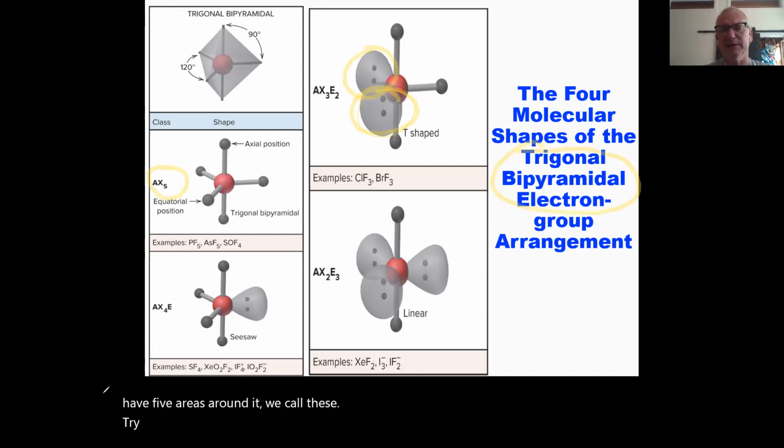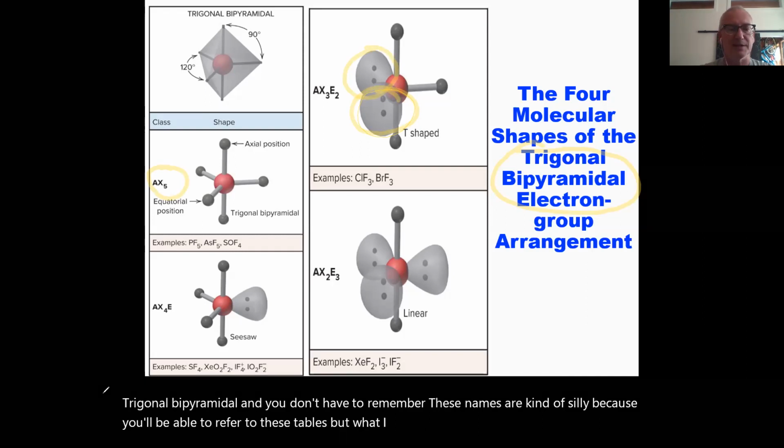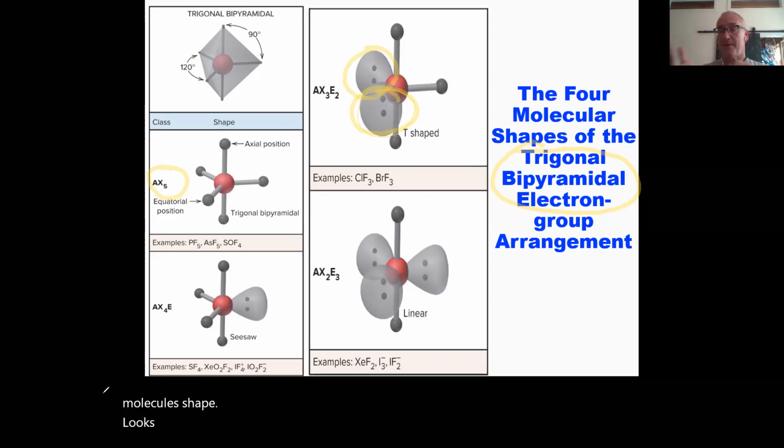And you don't have to remember these names, they're kind of silly, because you'll be able to refer to these tables. But what I want you to take away is that the overall molecule's shape looks different depending on how many bonds and how many electron pairs, but the overall arrangement of the electron regions is the same.